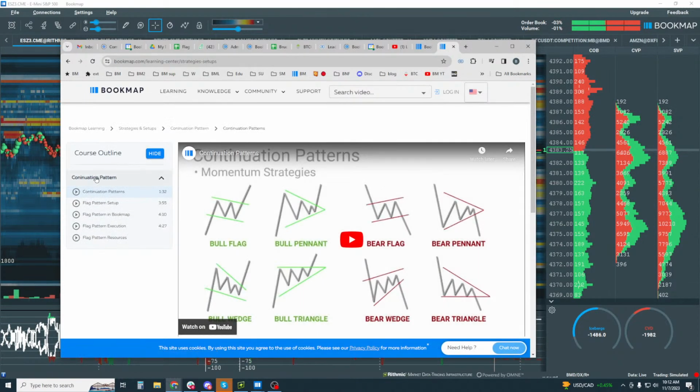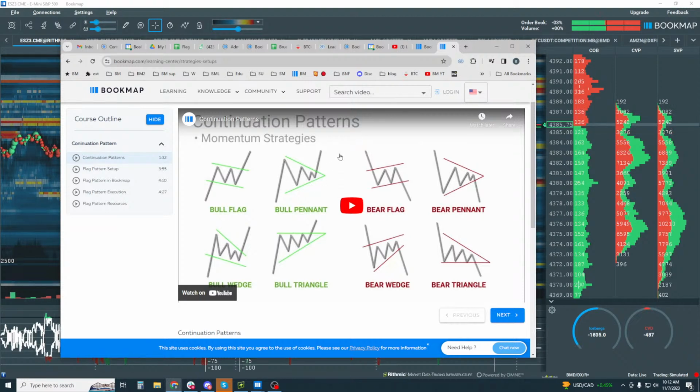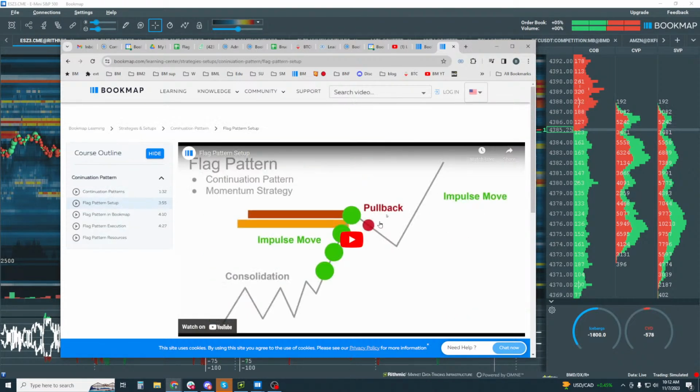We just have one right now, which is a continuation pattern, and it is a flag pattern. There are many in here, as you guys can see. We all know what they are, but they're all really the same thing, and we're looking for continuation of a move, of a strong move, and then some sort of back and forth, and then another strong move. And this is the diagram in here, what it looks like.